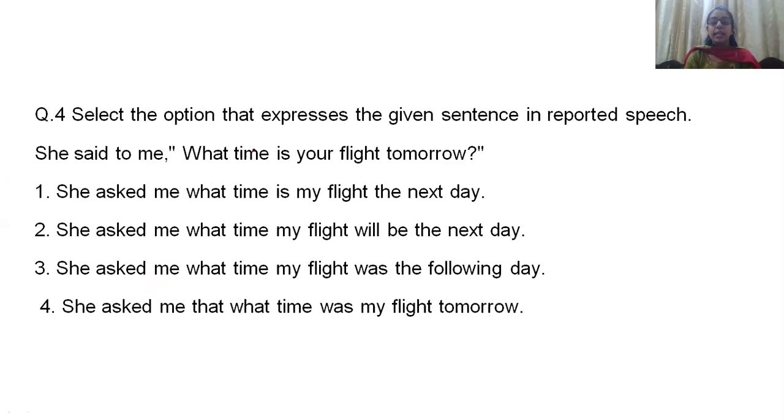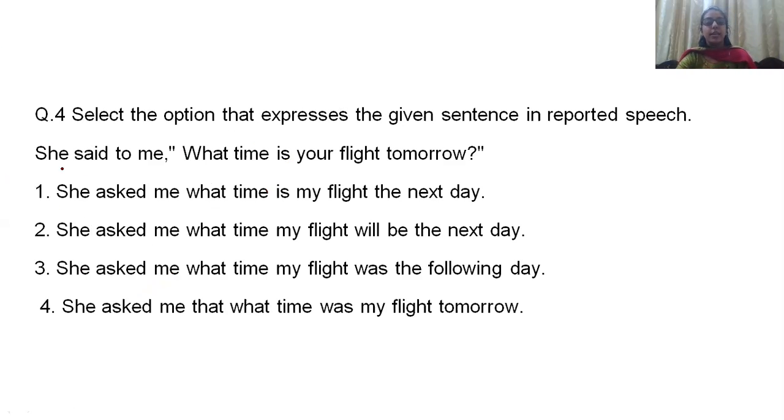Question number 4, select the option that expresses the given sentence in reported speech. Now you know, students, this type of question comes under the category of transformation of sentences. It comes in two ways: active passive transformation or direct indirect. For solving these kinds of questions, the rules of direct indirect and active passive should be in your mind and completely memorized.